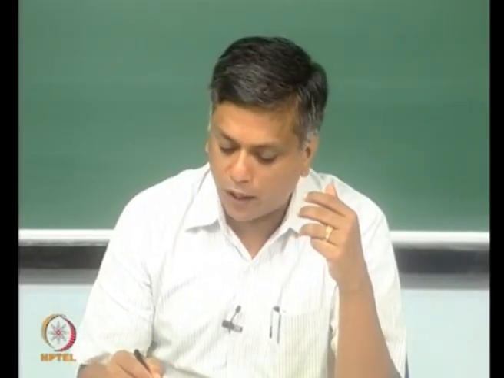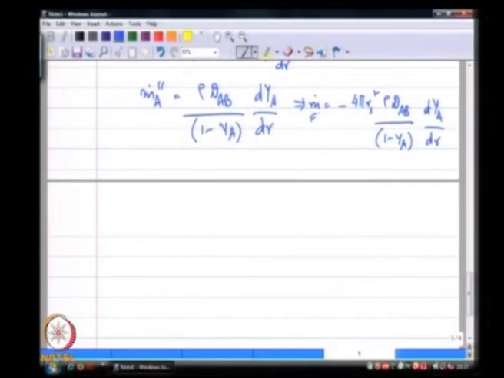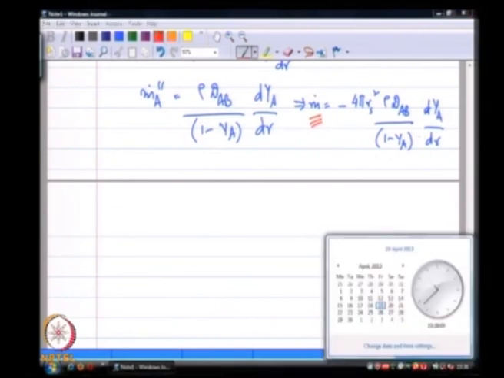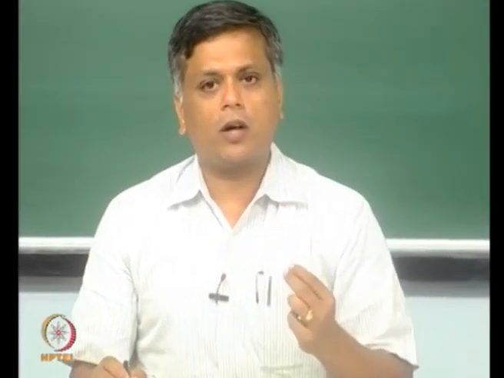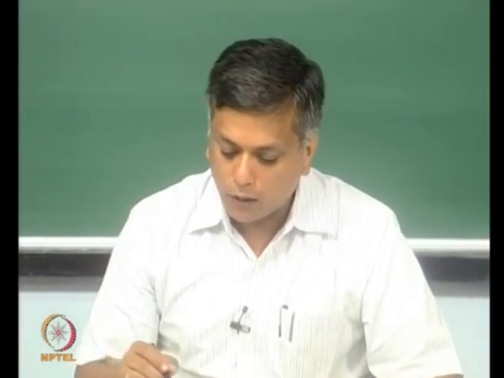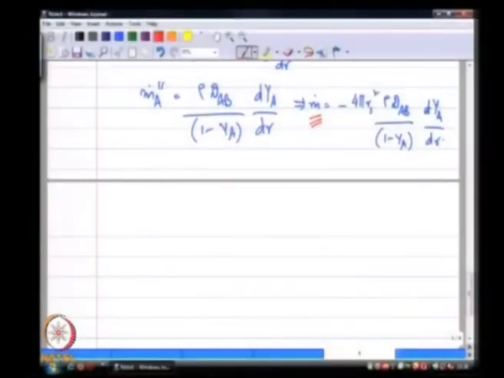So, if I know m dot, this equation essentially gives me a way to calculate y a, the mass fraction, as a function of r. So, I am going to assume I know the mass flow rate I am putting into the middle of this drop, and calculate y a as a function of r.